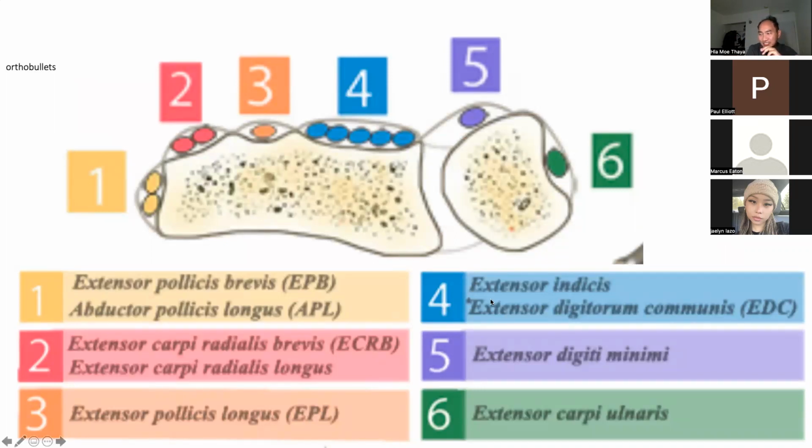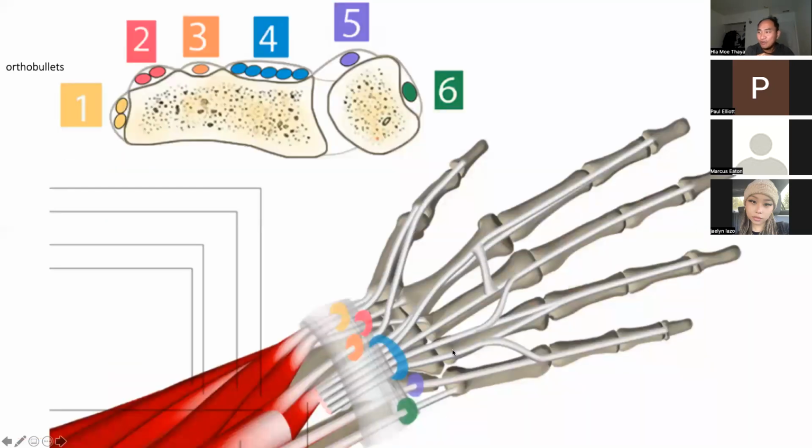Extensor indicis and extensor digitorum communis, the common extensor digitorum. So it is going to multiple digits here, all the 4 fingers, not the thumb. And you can see the extensor indicis tendon is only for the index finger.